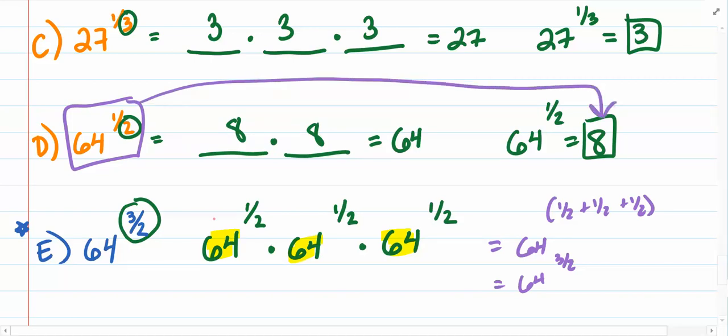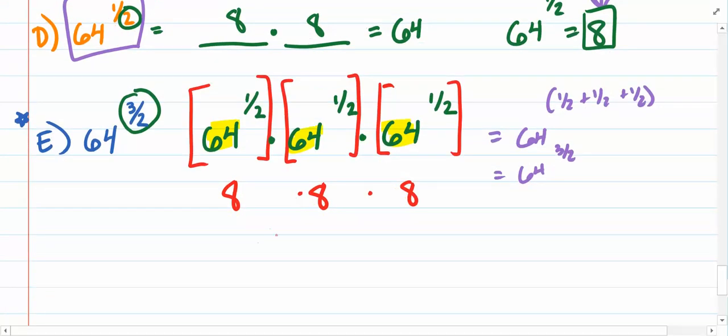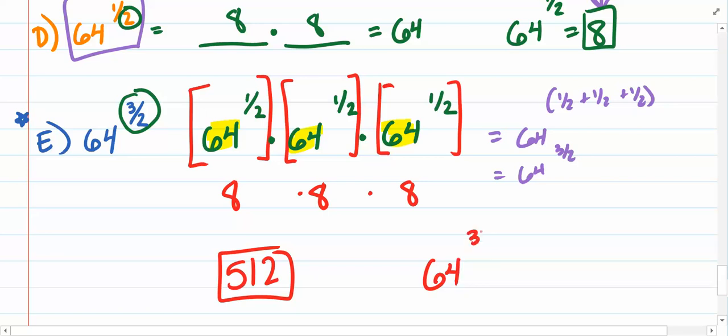So this 64 to the 1/2 is worth an 8, this one is worth an 8, and this one is worth an 8. So really, all I'm multiplying together is 8 times 8 times 8, which, I'll save you the trouble, is 512. So therefore, 64 to the 3/2 is worth 512.